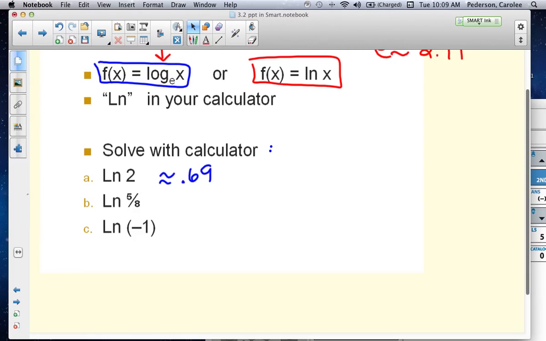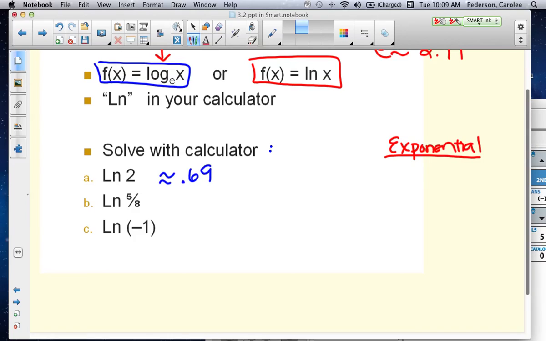If I rewrite it to exponential form to understand it, you don't have to. What this is saying is logarithm base e of 2 equals 0.69. How would I rewrite that in exponential form?